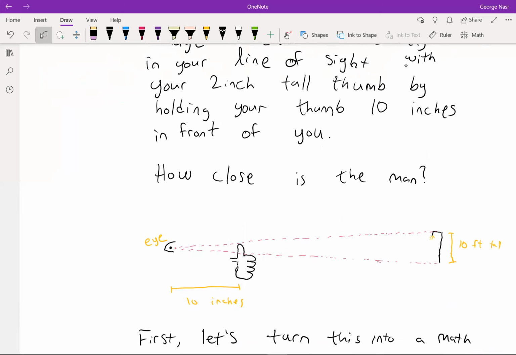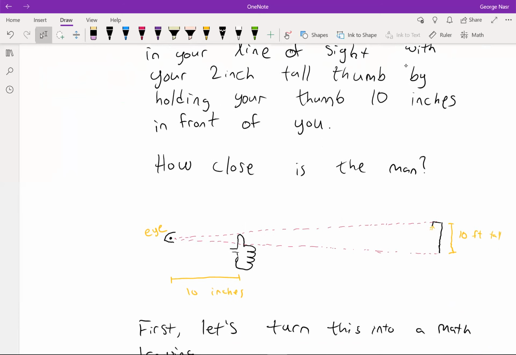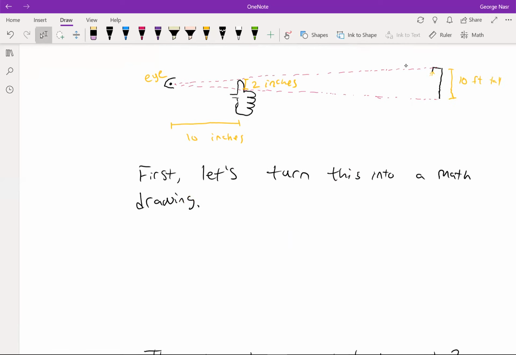Here's a drawing of the scenario. We've got our eye, our hand is 10 inches in front of our face, and our thumb is 2 inches tall. In the distance, we see this little light post that is 10 feet tall. This is a nice drawing, but I want to turn it into a math drawing in order to do stuff with it.